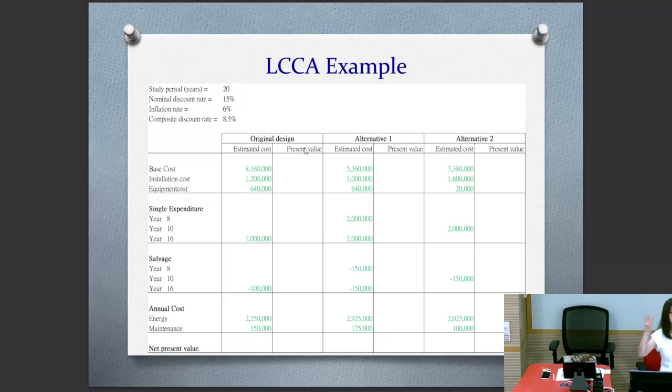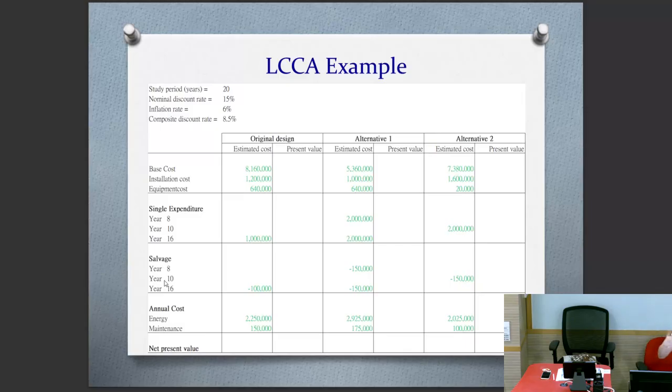And we have 3 alternatives, or 3 designs, 3 options. So this is the original, and then maybe these 2 are some energy efficient alternatives. And they have different base costs, installation costs, equipment costs, and also some single expenditure, maybe for renovation, maybe for some equipment replacement, and then there are some salvage.